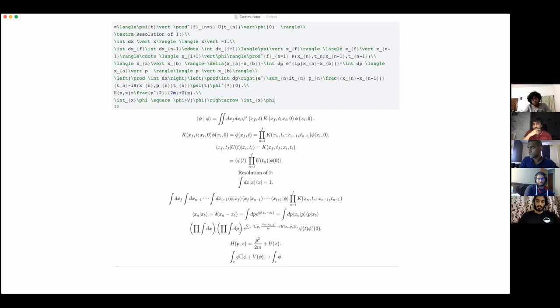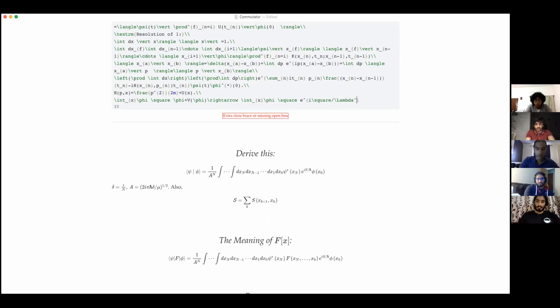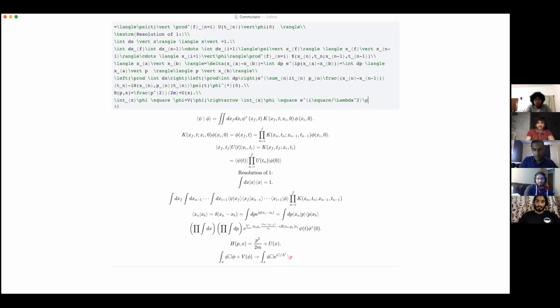So this is going to look a bit crazy. Lambda squared. So you give a potential. So this is basically perturbation, somewhat, right?